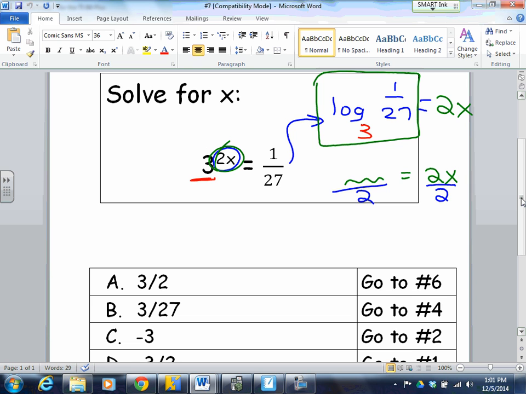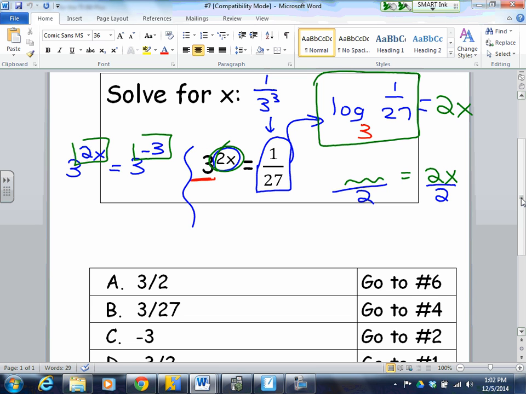Let me just mention on this one, you could have done it a little differently if you wanted to. If you noticed that you could write both of these with the same base, if you recognize 1 over 27 is really 1 over 3 to the third, which is really 3 to the negative third. Then that would allow you to do that little shortcut method where now you can just set the exponents equal to each other.